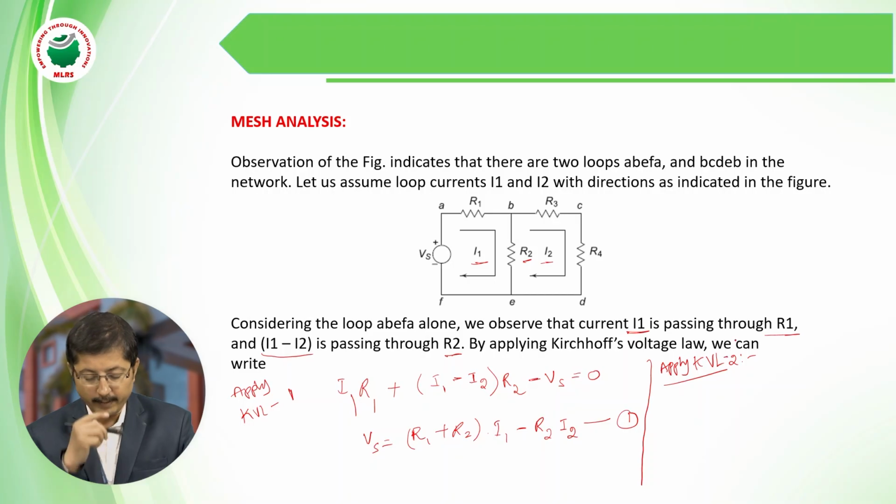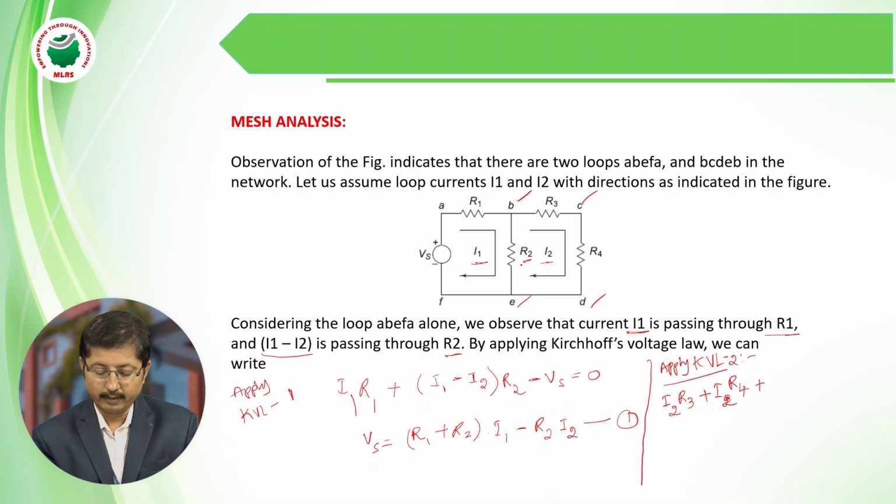Here I am considering the second loop, which is B, C, D, E, again B. In this loop I am going to apply KVL. Starting from B, that is I2 R3 plus I2 R4 plus, for this particular branch, this branch is common to two currents.